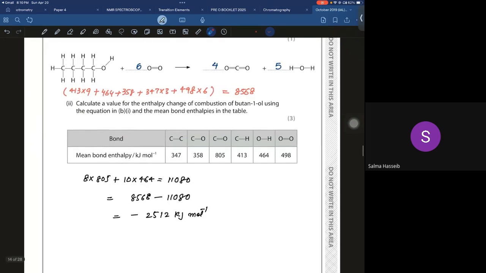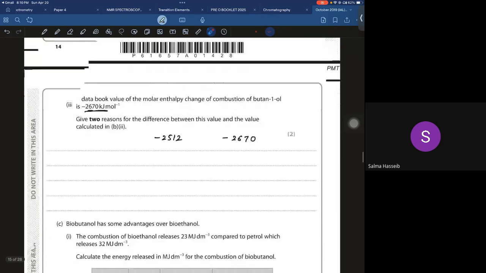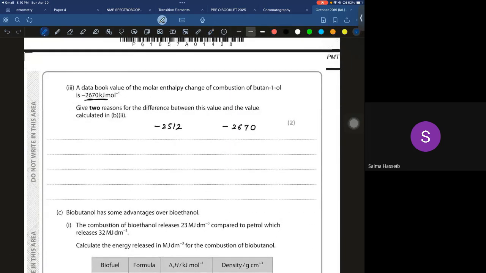So I am supposed to write that bond enthalpies are for gases.